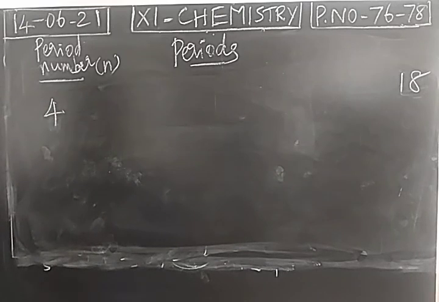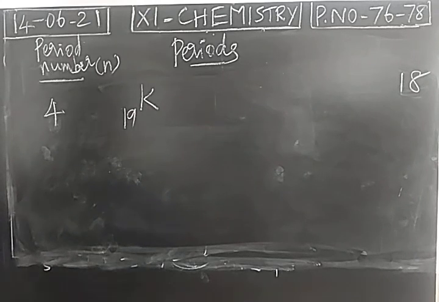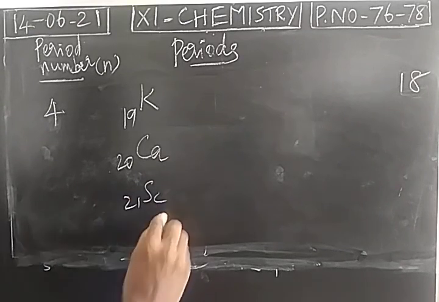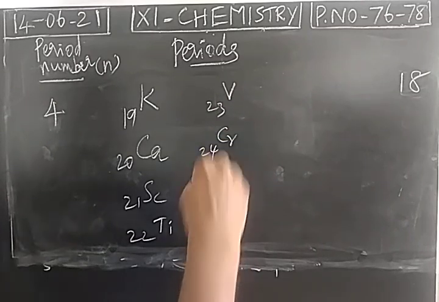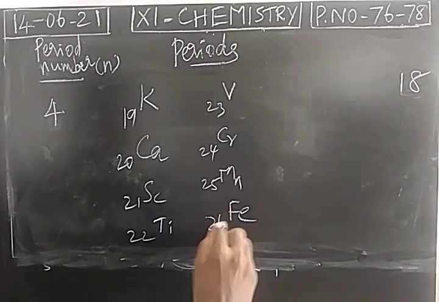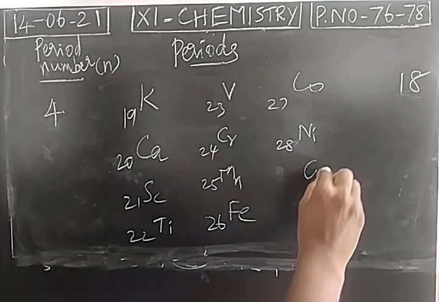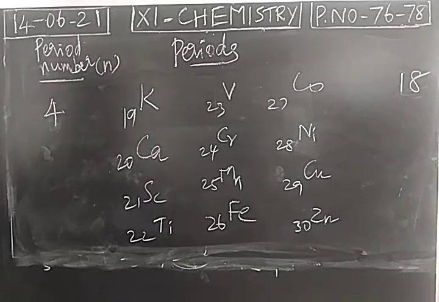So in fourth period, maximum 18 elements will be placed. We start with potassium, then calcium, scandium, titanium, vanadium, chromium, manganese, iron, cobalt, nickel, copper, zinc, then gallium.